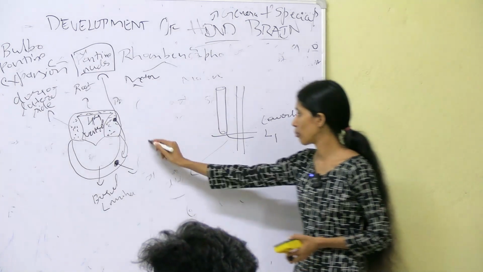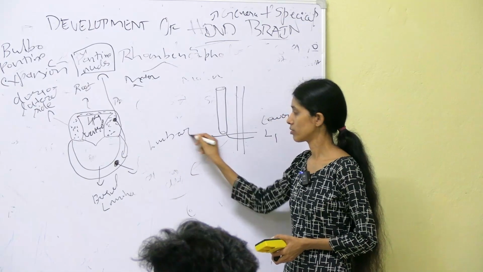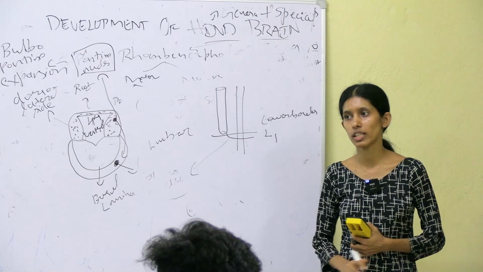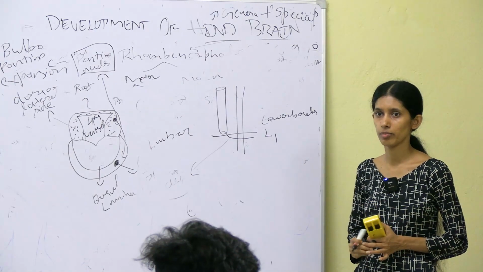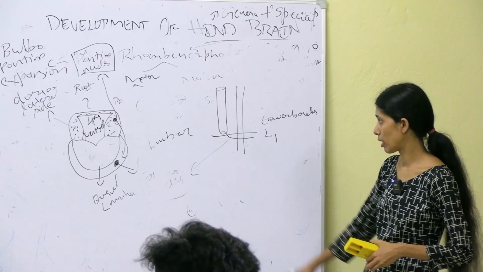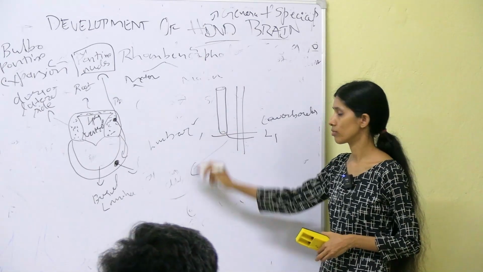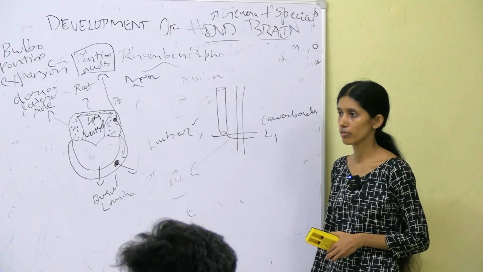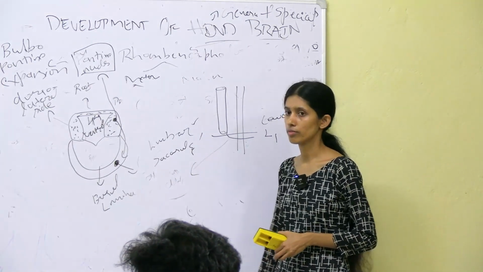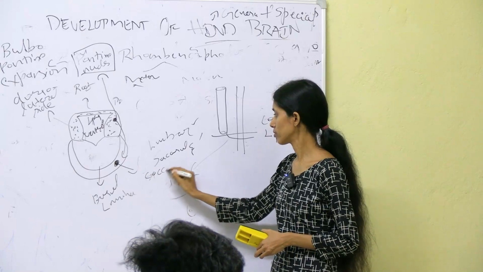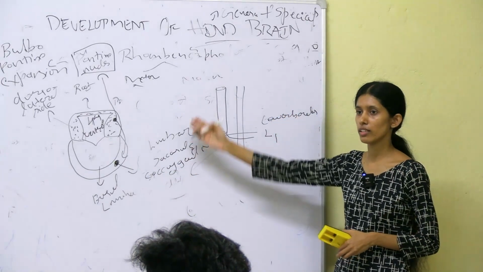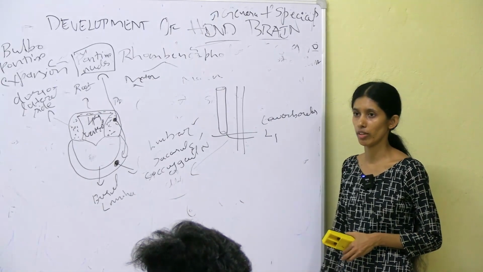We can see lumbar, then what nerves we can see below the L1 vertebrae? We can see lumbar nerves, then sacral and these are the nerves we can see below the L1 vertebrae.